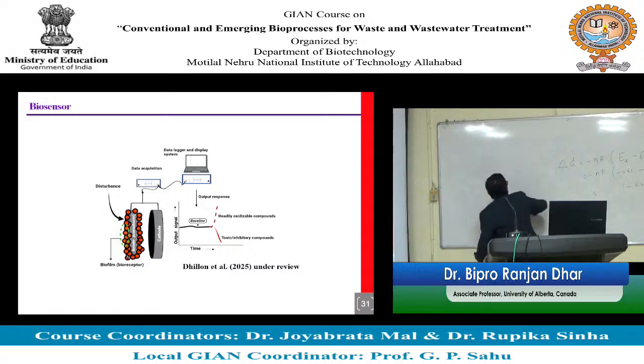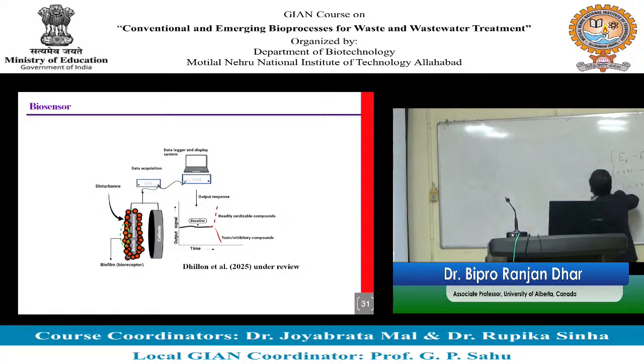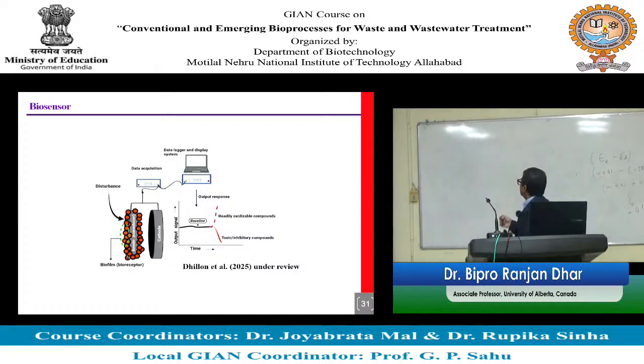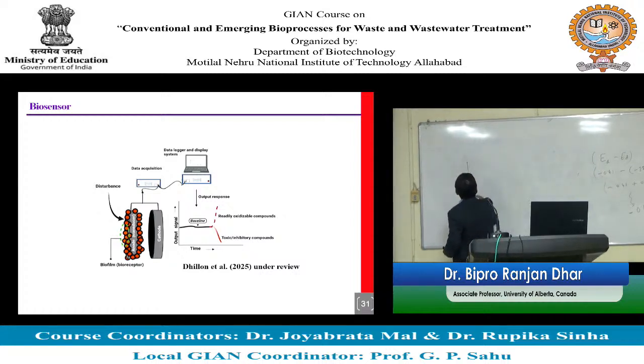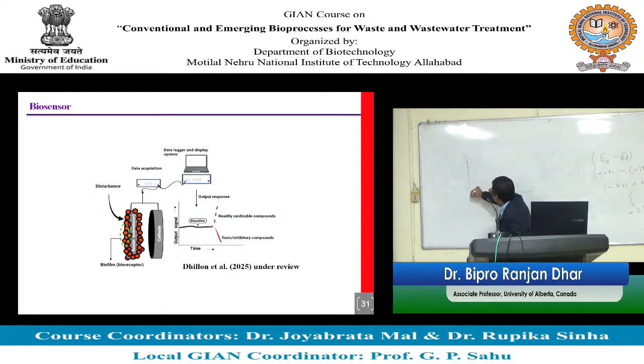So what is the Monod pattern? What we learned is you have substrate concentration, let's say COD. With an increase in substrate concentration, growth is going to increase and reach a maximum, right? Now this is growth, but here instead of growth we can consider electrical current, because those microbes provide an electrical current response.